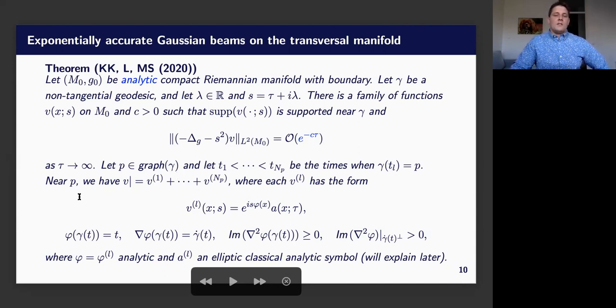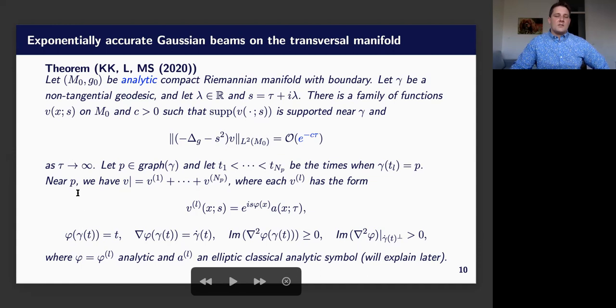Right. So let's also record some features of these Gaussian beams. In our setting, we actually allow the geodesic to have self-intersections. If P is a point on the graph of geodesic gamma, it might be that the geodesic has NP self-intersections at this point P. Let T1 to TNP be those intersection times.